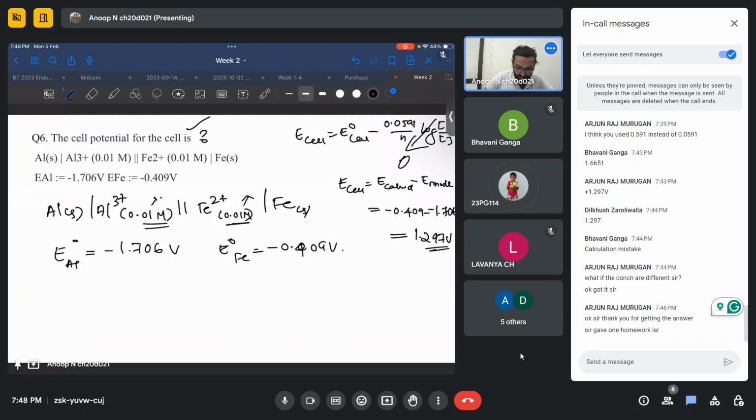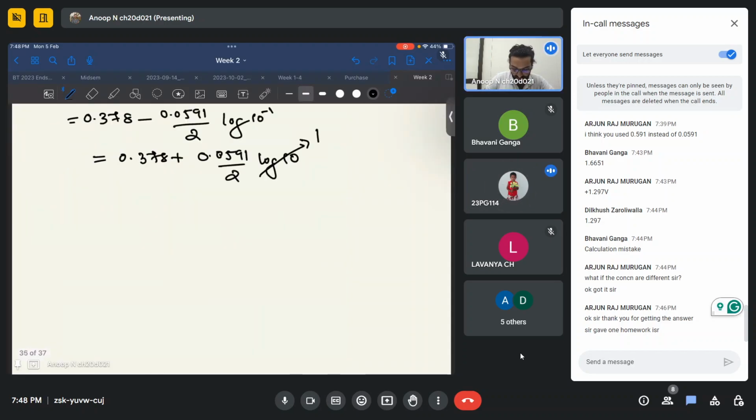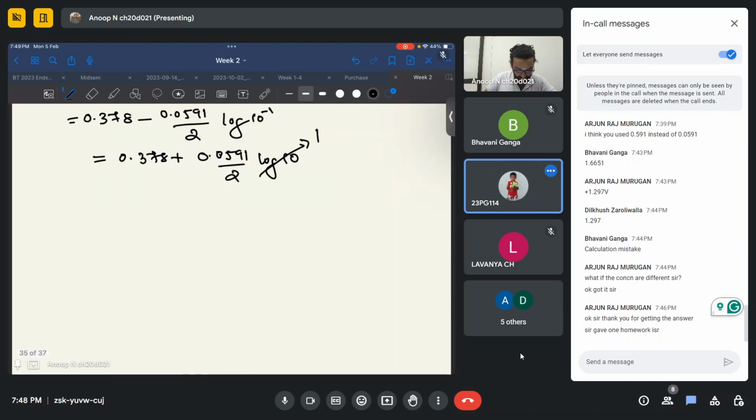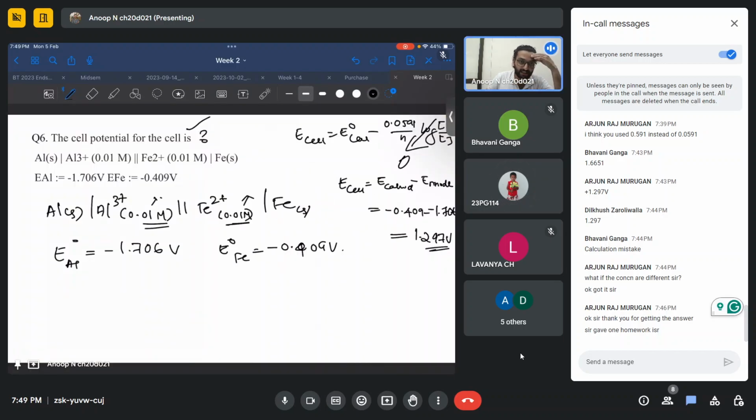Which is it, the sixth question? Your seventh question, I think this one. Yes, seventh question. No, this is the 1.297 answer. This is direct substitution. Minus 0.409 minus, it will be plus.